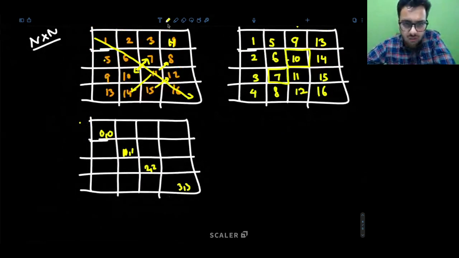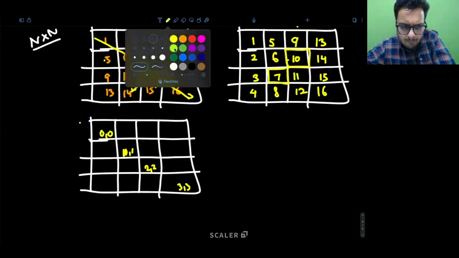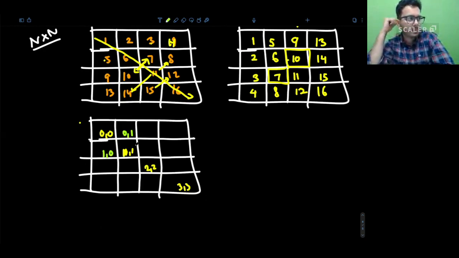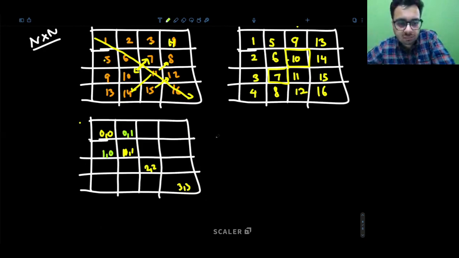Now this index is 0 comma 1, and this gets exchanged with 1 comma 0. Yes or no? What about 0 comma 2? This gets exchanged with this one, which is 2 comma 0.